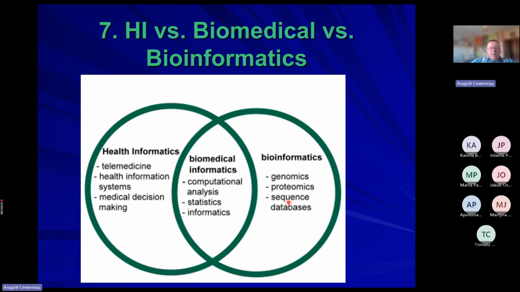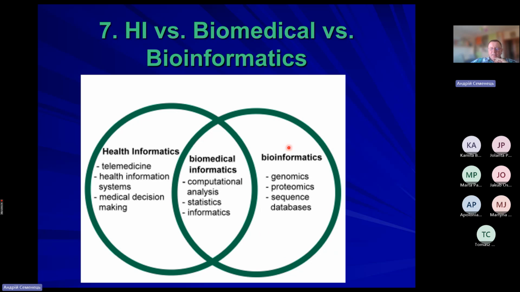Okay, and here we have the place of health informatics, biomedical informatics, and bioinformatics, again shown with a Venn diagram. Practically, we will concentrate more or less on the left area between health and biomedical informatics. During practical classes, you will have some points related to health information systems, decision making, statistical analysis, computational analysis, and so on.